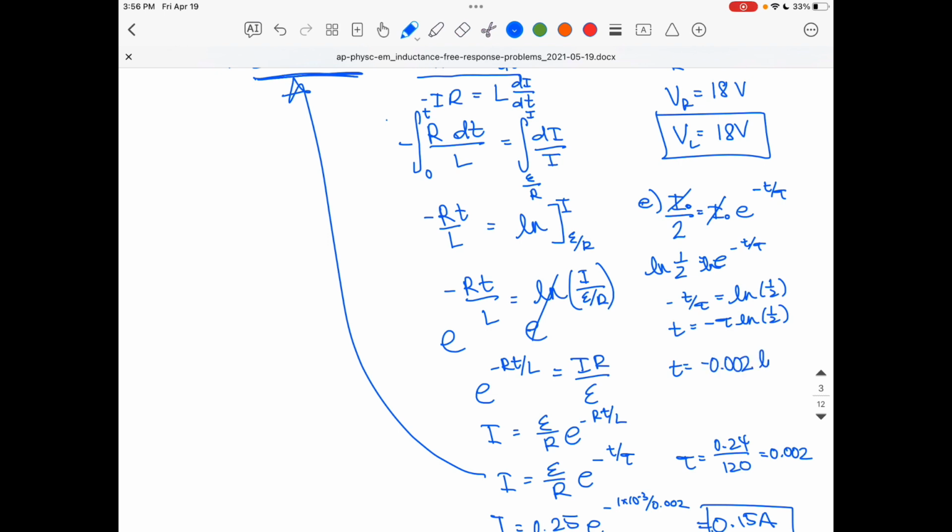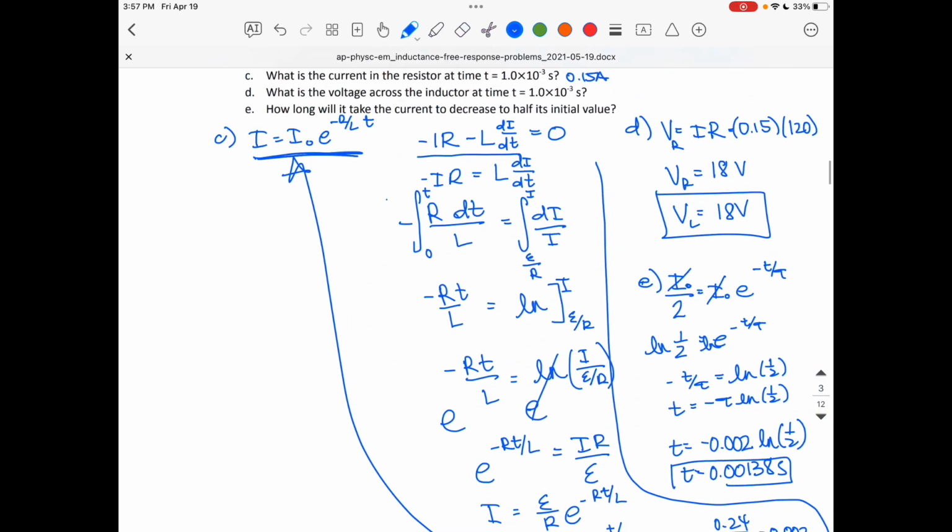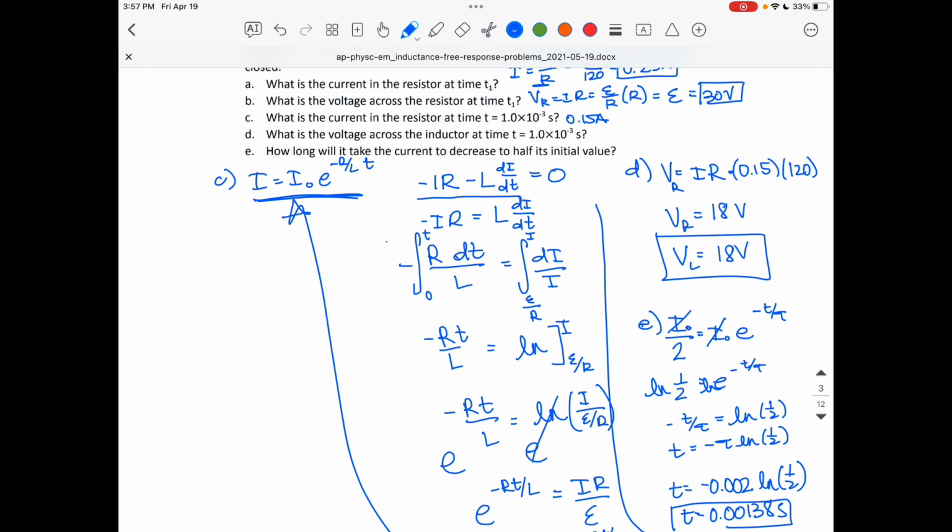And then ln of 1/2, I can plug that in my calculator, and I get 0.00138 seconds. So let me just divide up this work. This is all for C, and then for D and E, you've got the steps there.